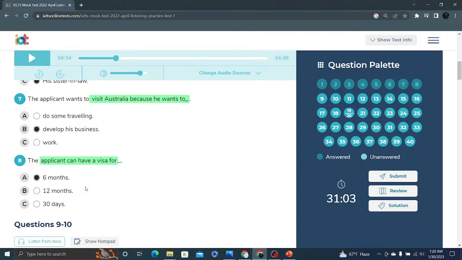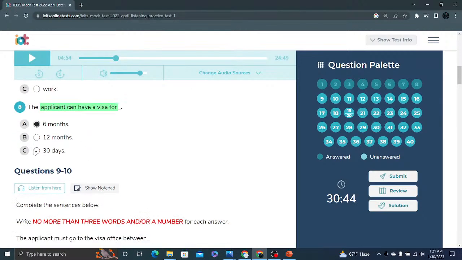But at the last, the lady was saying business visa lasts for 6 months, but you will be able to renew it later. So the answer will be 6 months, and option A will be the correct letter.